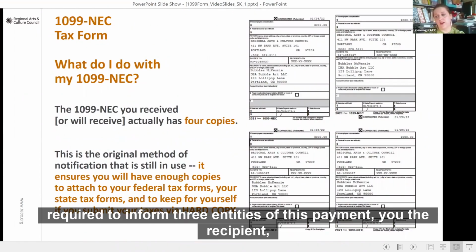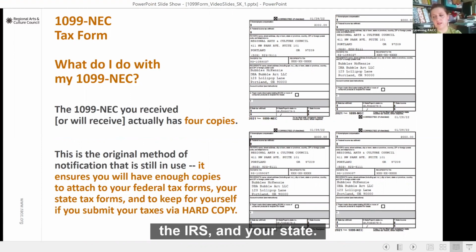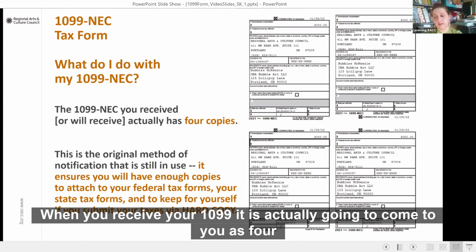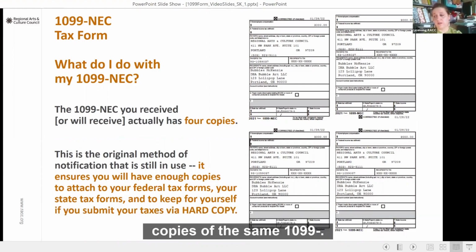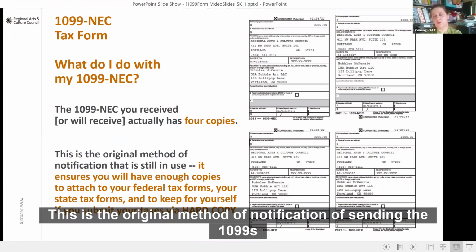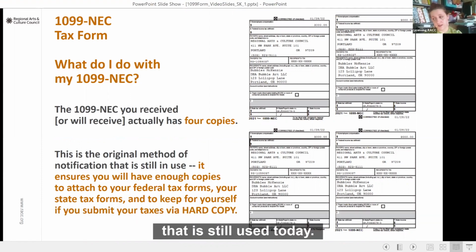RACC is required to inform 3 entities of this payment: you, the recipient, the IRS, and your state. When you receive your 1099, it's actually going to come to you as 4 copies of the same 1099 NEC. This is the original method of notification of sending the 1099s that is still used today.